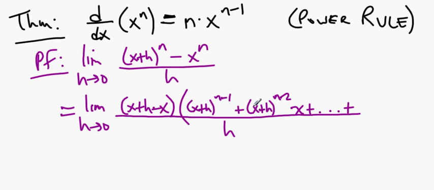The powers on x plus h get smaller by 1 as we go across, and the powers on x get bigger as we go across until we get to x to the n minus 1.